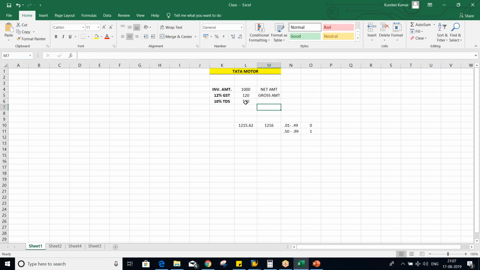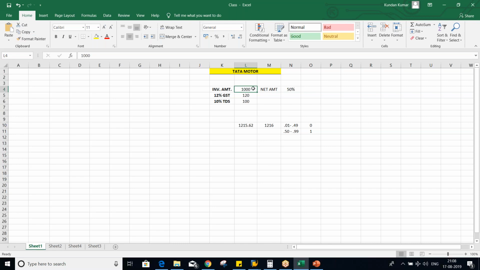Okay, so if your base amount is net amount in that case. Now there is one more condition, like what is the portion of the net amount subject to tax. Sometimes people say that only 75% of the base amount will be subjected to tax, or only 50% of the base amount is subjected to tax.